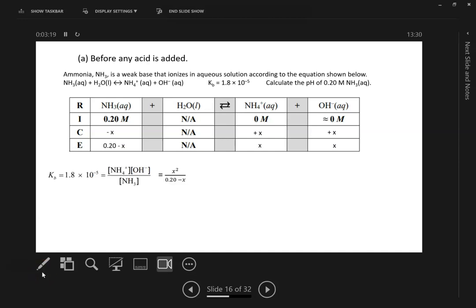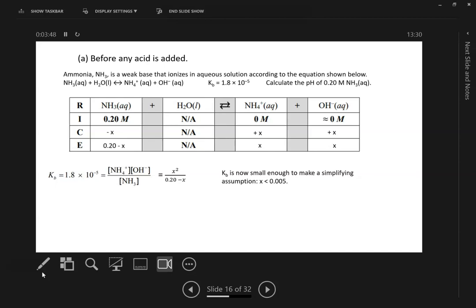We write our equilibrium equation. Because Kb is at least an order of magnitude smaller than what we had with the acid problem, I feel fairly confident that we can make the simplifying assumption that X is less than 0.005. When we do that, it's negligible compared to 0.2.